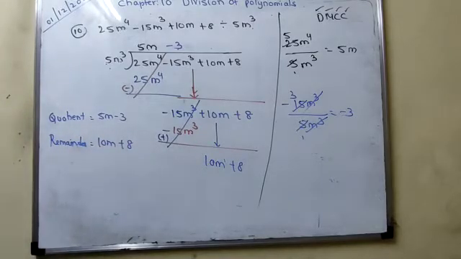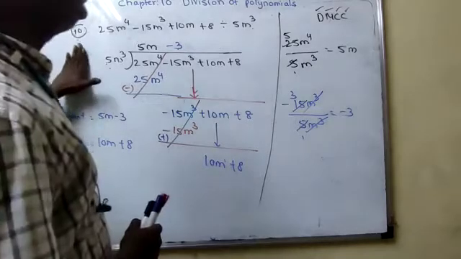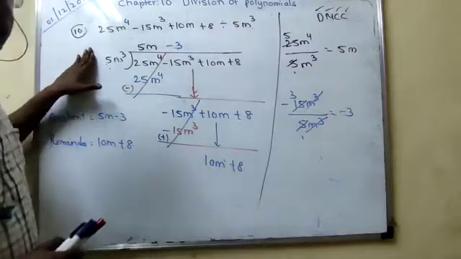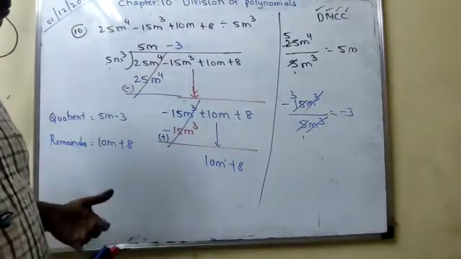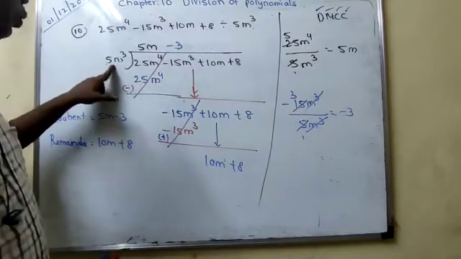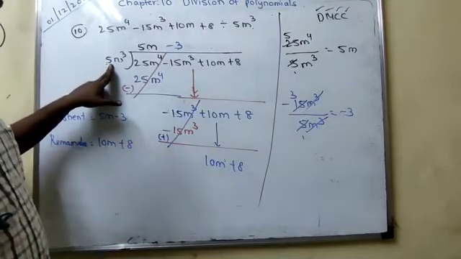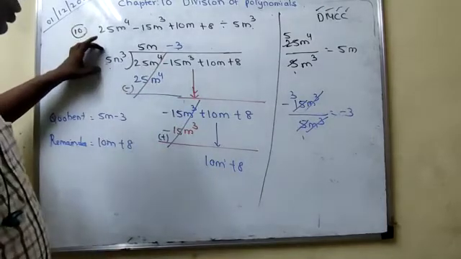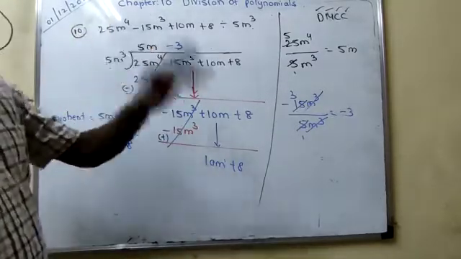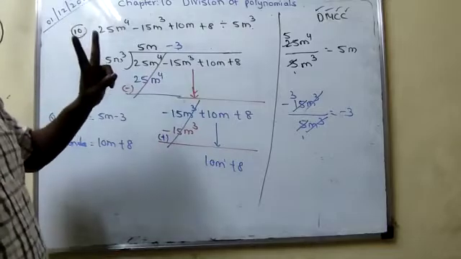Go through the sum. Any doubt, you can ask me. This is the end of our practice set 10.1. This was easier, but in practice set 10.2, we are dividing by a binomial, which means there will be 2 terms.